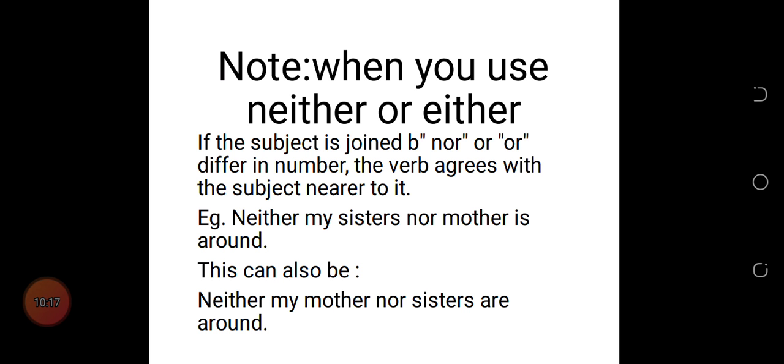So where we have two subjects mentioned, the one that comes directly before the verb is the one we use to identify the right verb. So in the example neither my sisters nor mother, we have is as the verb used because mother is a singular subject closer to the verb.